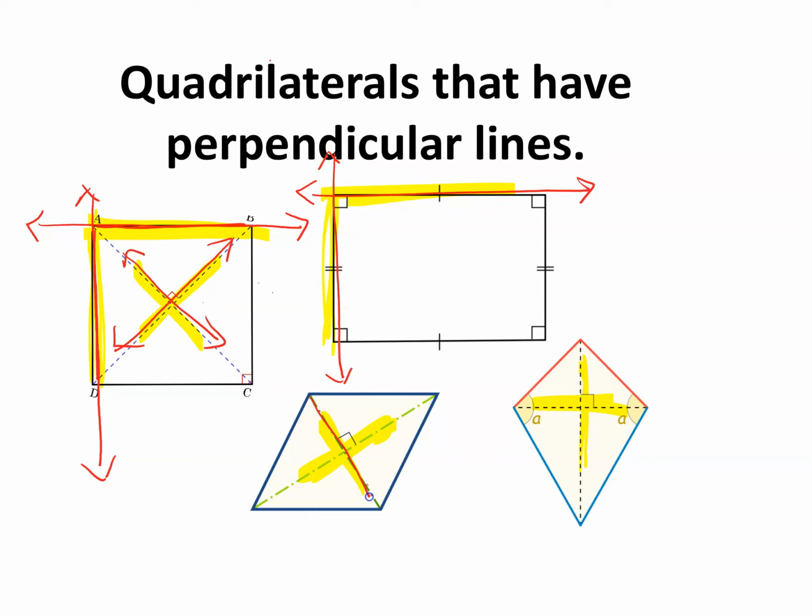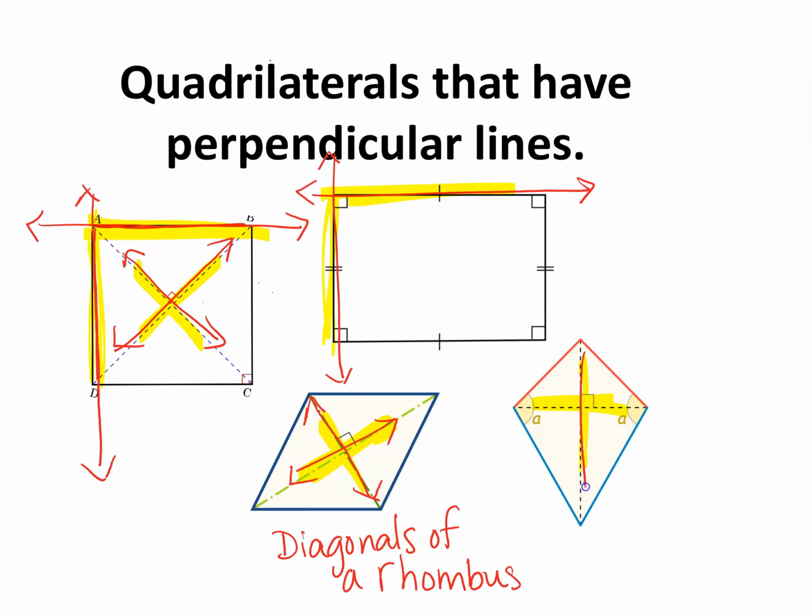These are the diagonals of a rhombus, diagonals of a kite, diagonals of a square, and the consecutive sides.